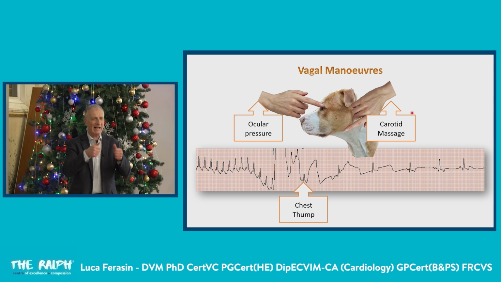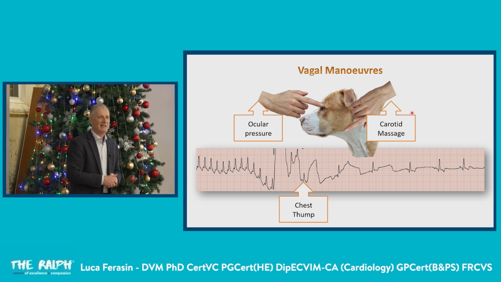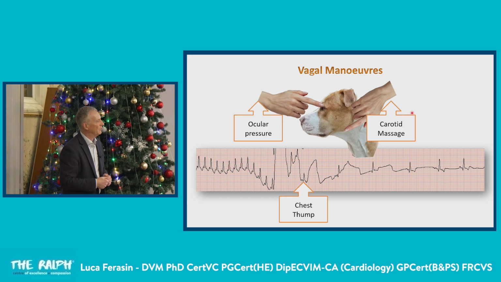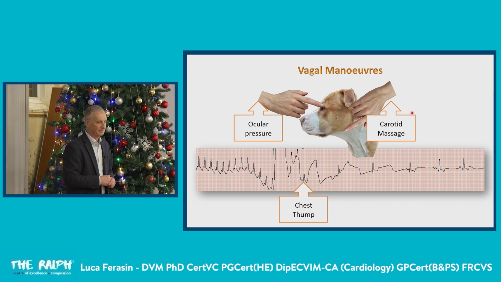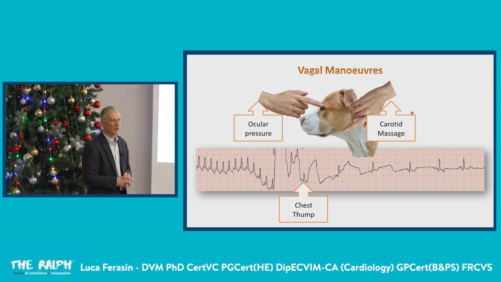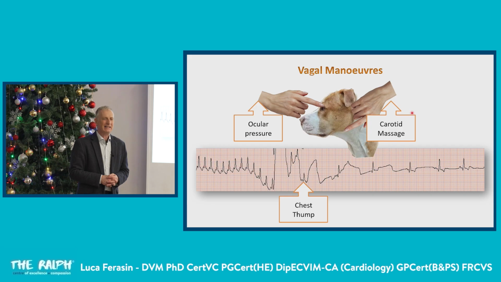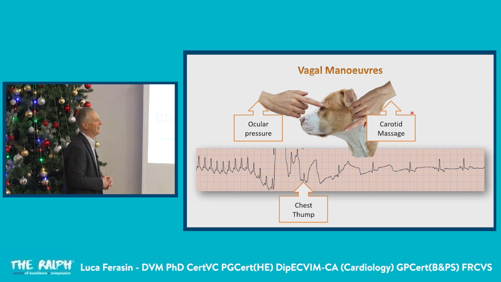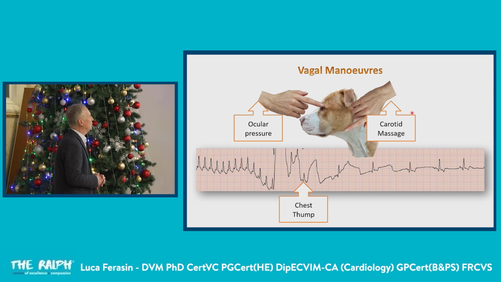Well, you press on the eyelids, pushing the eyeballs inward, and there is an ocular vagal reflex that will increase the vagal tone. I don't have much luck with this, and dogs and cats don't really like it. So very often they react before you obtain the result.